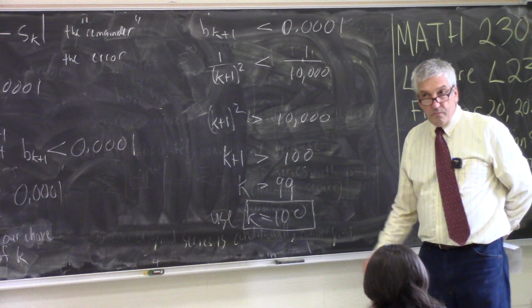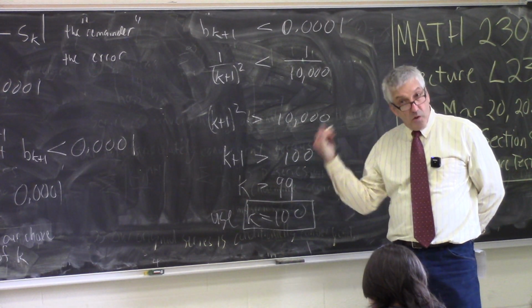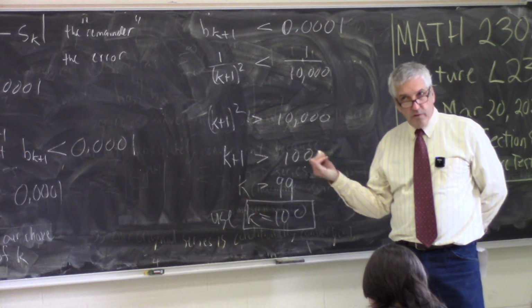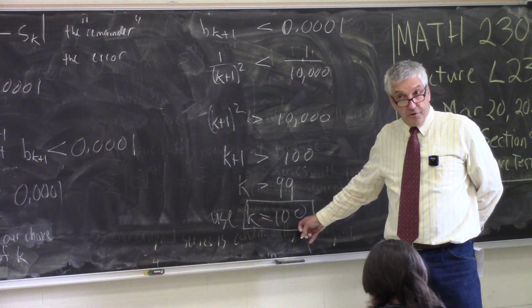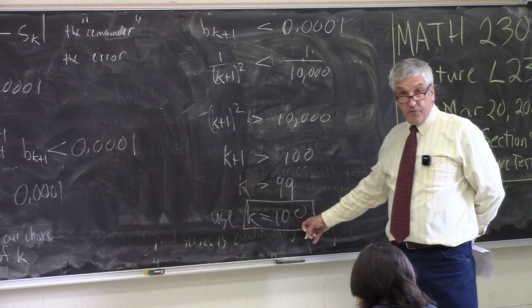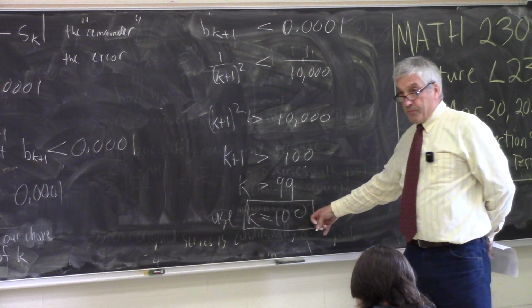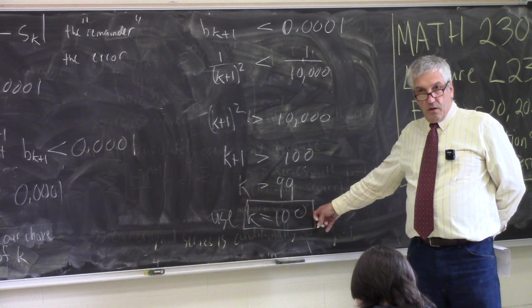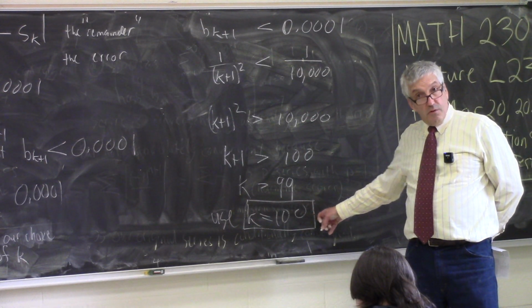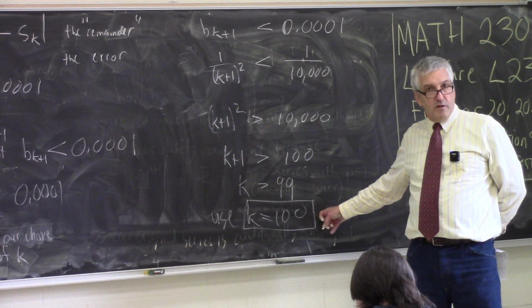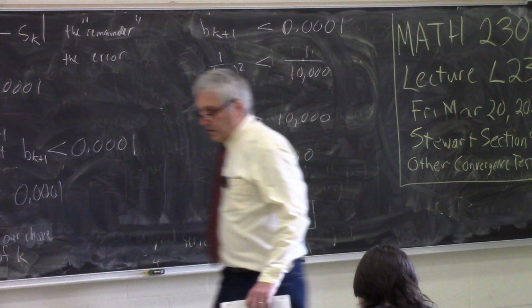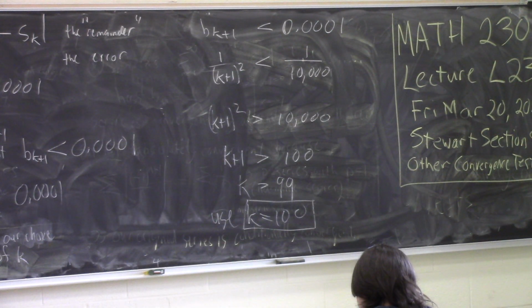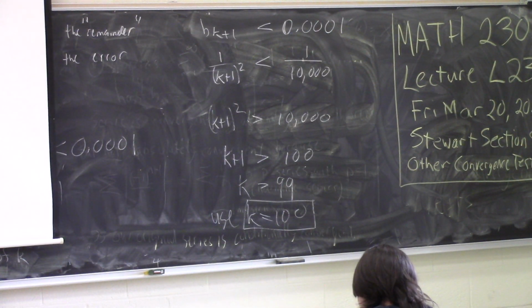I can guarantee you, not knowing the value of S or S100, I don't know what that would be. That would mean adding up 100 terms. I'm not going to do it. That's for you to do on a quiz. But I can guarantee you that if you use k equals 100, that's going to be good enough. You're going to commit an error that's within our desired bounds.